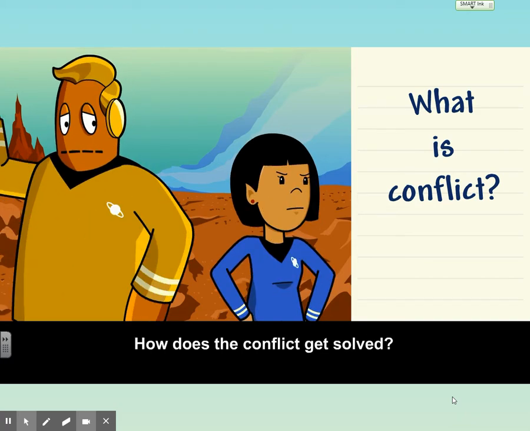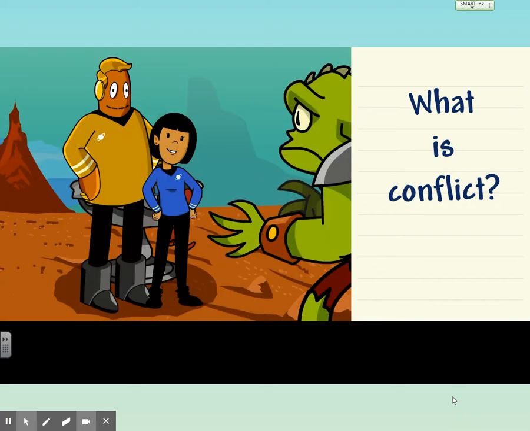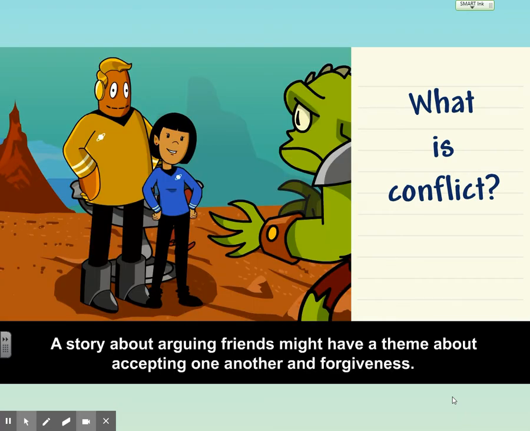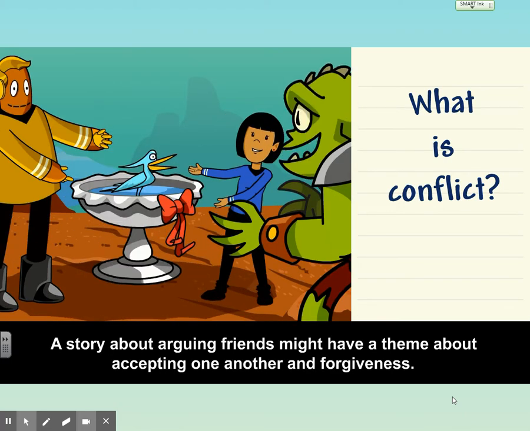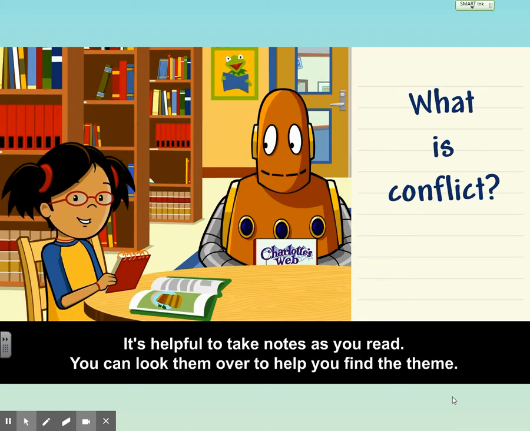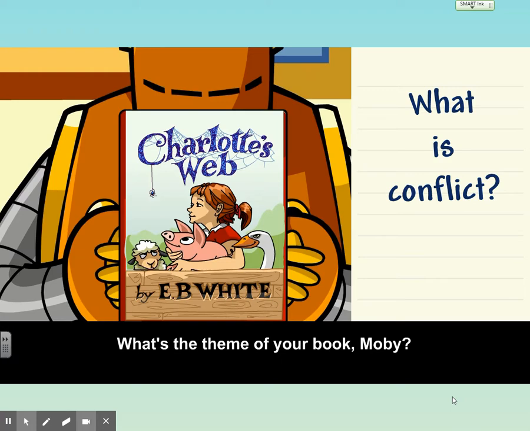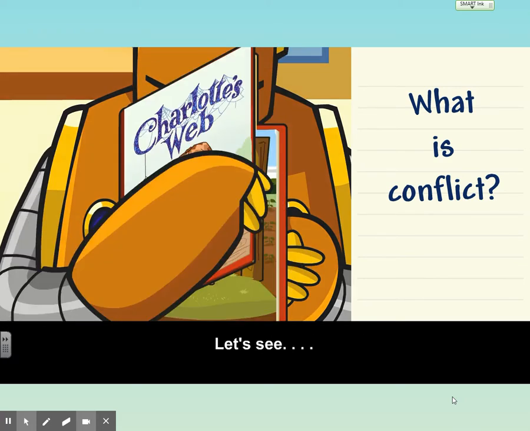How does the conflict get solved? How do the characters change? A story about arguing friends might have a theme about accepting one another and forgiveness. It's helpful to take notes as you read. You can look them over to help you find the theme. What's the theme of your book, Moby? Let's see.